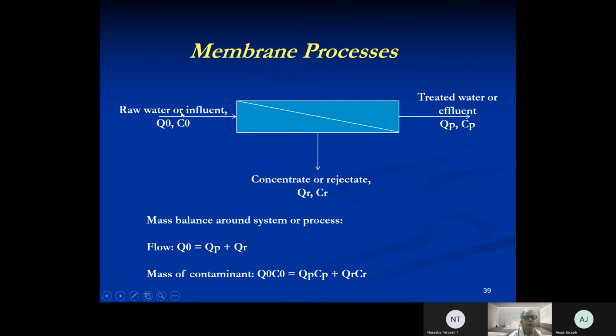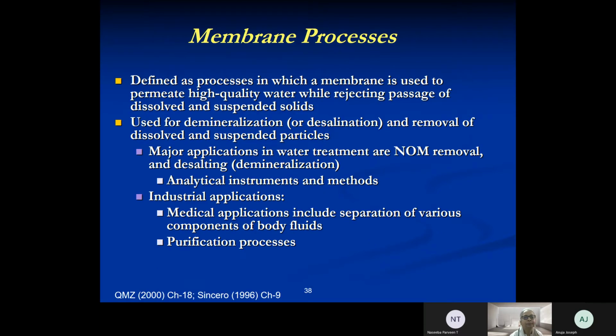The water is coming in under pressure, pushing against the fiber material, and only high quality water is pushed through the pores of this membrane. Whatever is rejected is called the concentrate or rejectate. So this is our raw water, this is our treated water, and it's as simple as that. That is, in a very simplistic way, a membrane process.